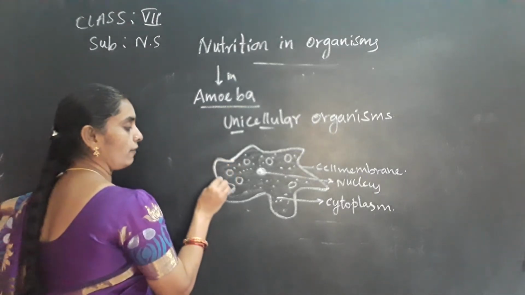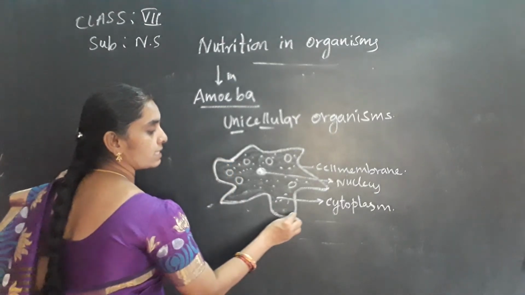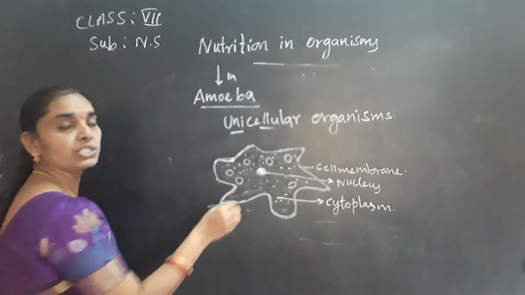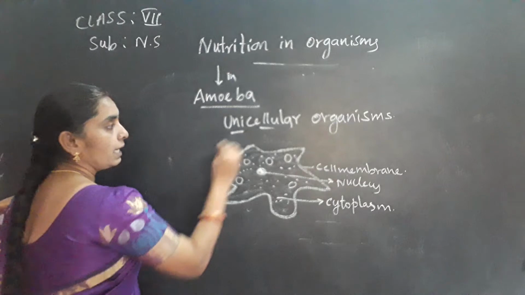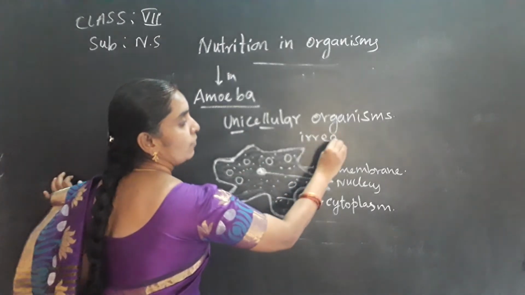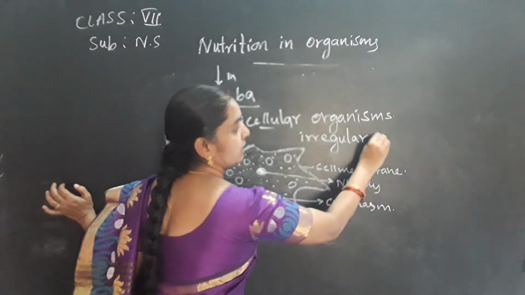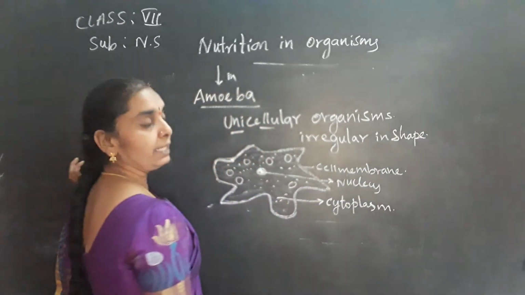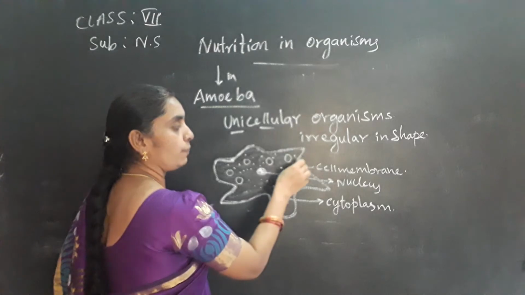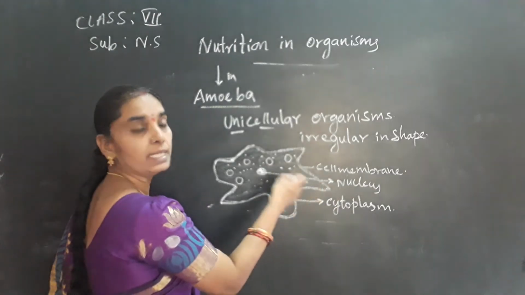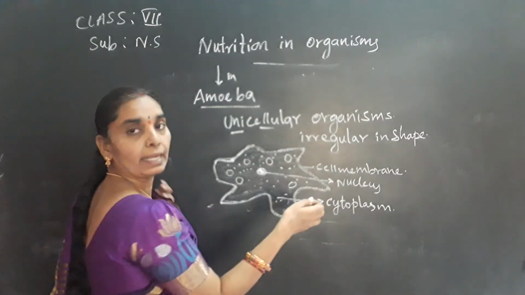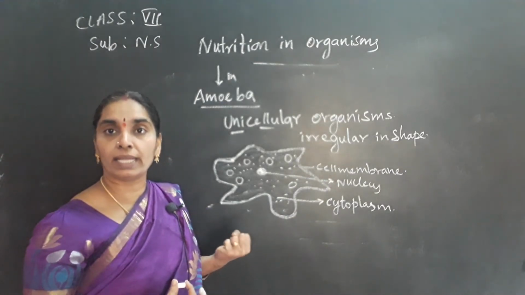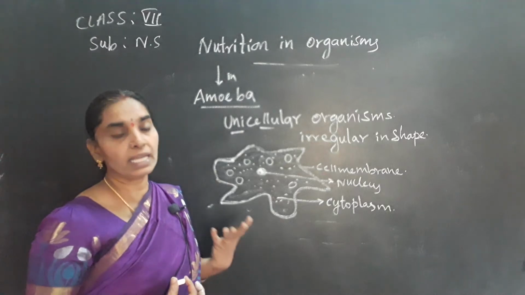So this is the structure of amoeba, where you can see these protrusions. They always change. Amoeba is irregular in shape. Why is it irregular in shape? It always forms protrusions, and these protrusions change. So it moves them in and out in order to move the body and also to capture the food.